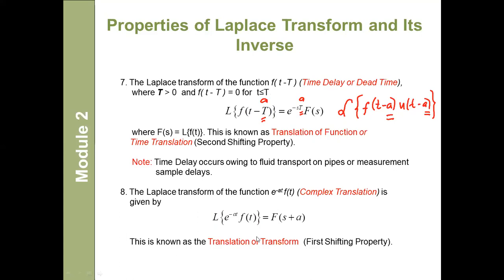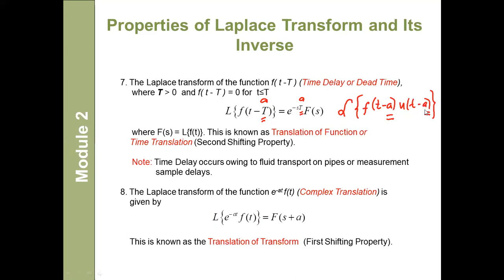Now, in process control, we call this one the time delay or dead time, or this is known as the translation of the function or time translation. It is the function that was first translated, or the time in that particular function was translated because of this one. Or you have here a unit step function that has been shifted.